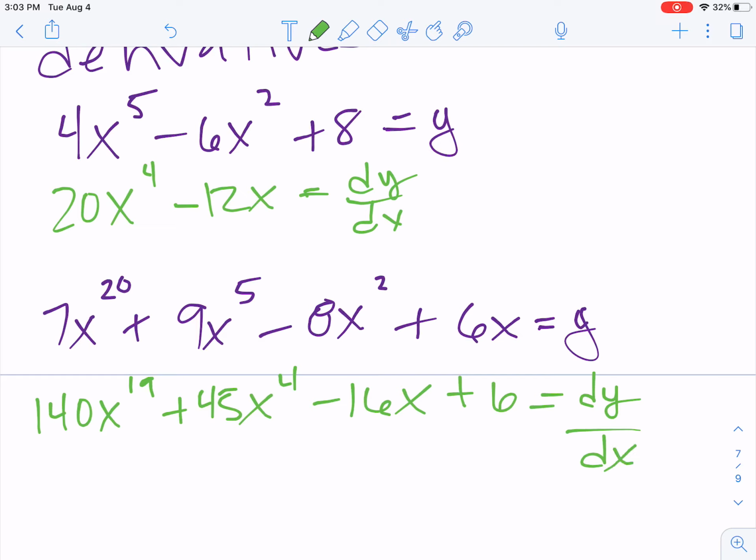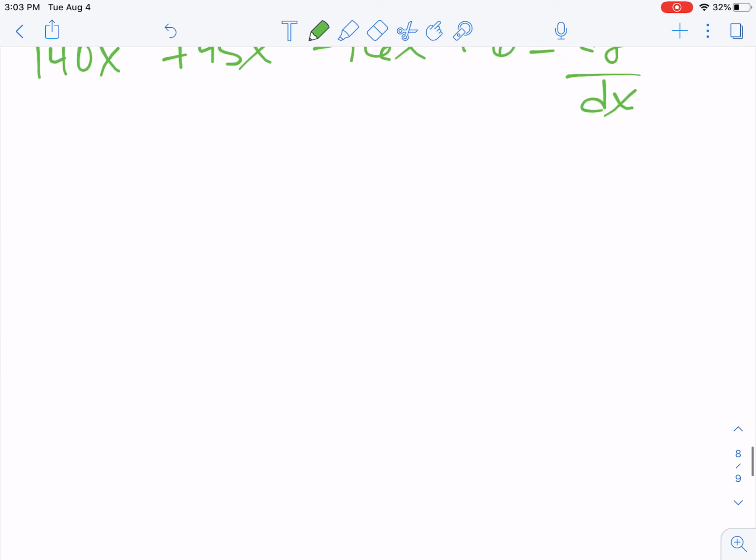Once again, I think those ones are pretty easy. You're just following that quick power rule of bringing the exponent down and multiplying it to the original coefficient and then subtracting 1 as you go. Let's see if you can go backwards. Let's see if we can take some easy integrals.